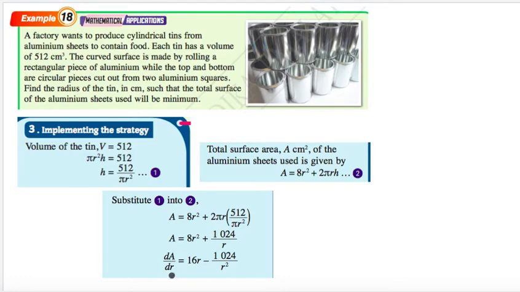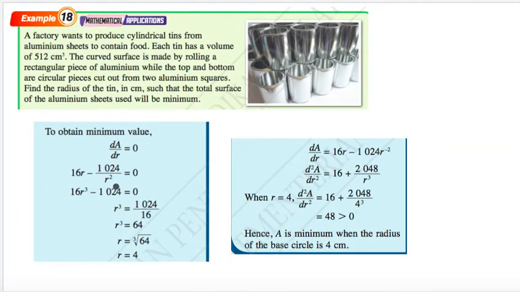Now you do dA/dr. Differentiate A with respect to r. So dA/dr equals 16r minus 1024 over r square. Next, we set this whole thing equal to 0. Our purpose is to find the radius, so we make dA/dr equal 0 because it is minimum. Then solving this equation, you get r equals 4.